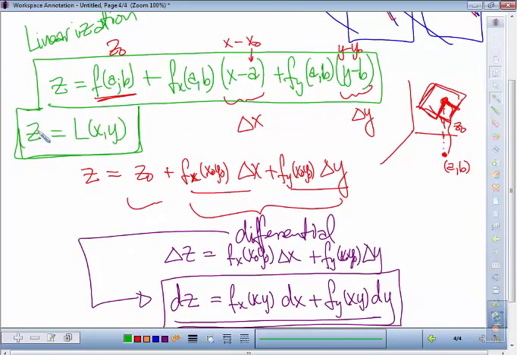Now you might think a tangent plane is not a line, but in the general context, a tangent plane is a linear thing. So when they talk about linear, they mean not necessarily a line, because a line is in 2 dimensions, but when it's 3 dimensions, it's a plane.